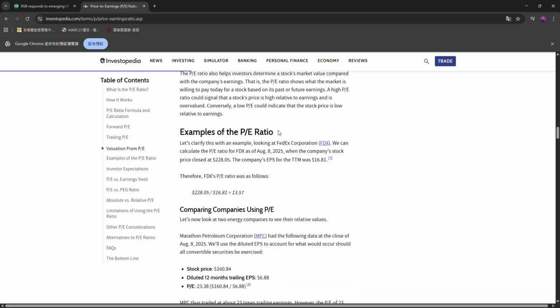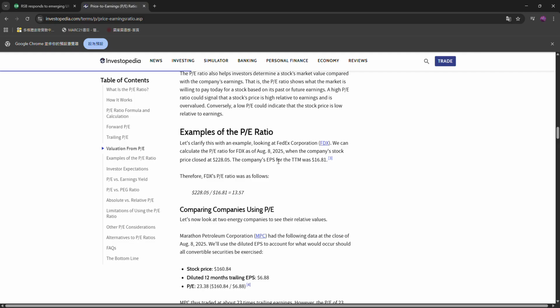Example of the PE ratio. The PE ratio is clarified with an example looking at FedEx Corporation. We can calculate the PE ratio for FDX as of August 8, 2025, when the company's stock price closed at $228.05.